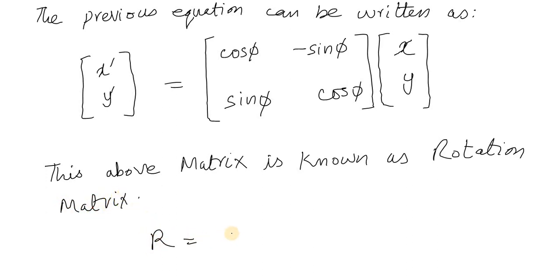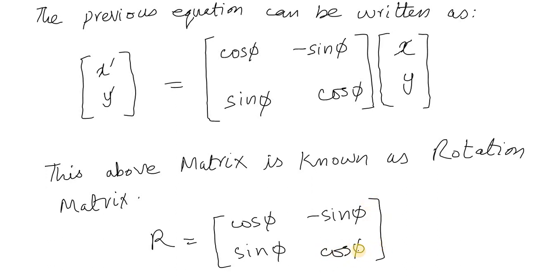You can say R is equal to cosine phi, minus sine phi, sine phi and cosine phi. So this is your rotation matrix. The angle can be any symbol; it can be theta. What actually matters is how much your vector has been rotated. Okay, now we shall see how we can rotate a coordinate frame.